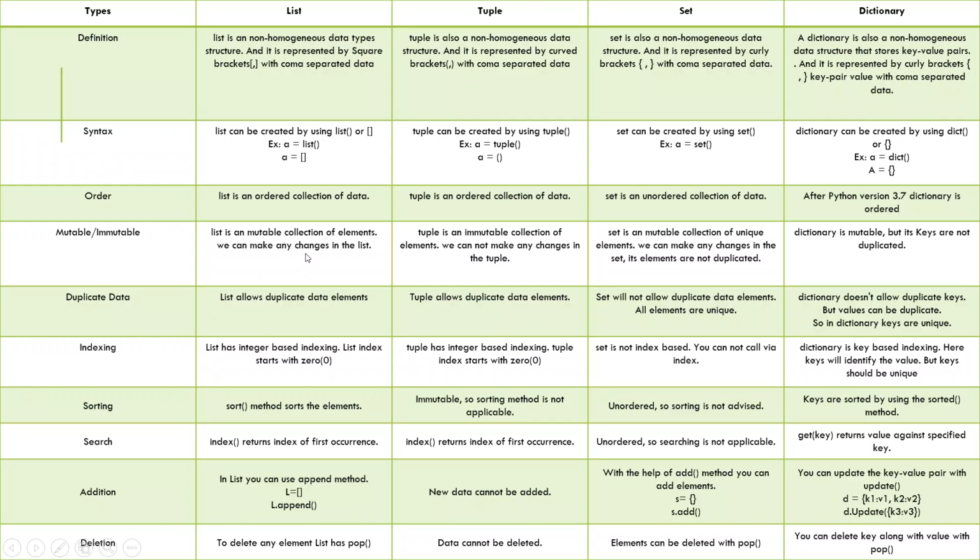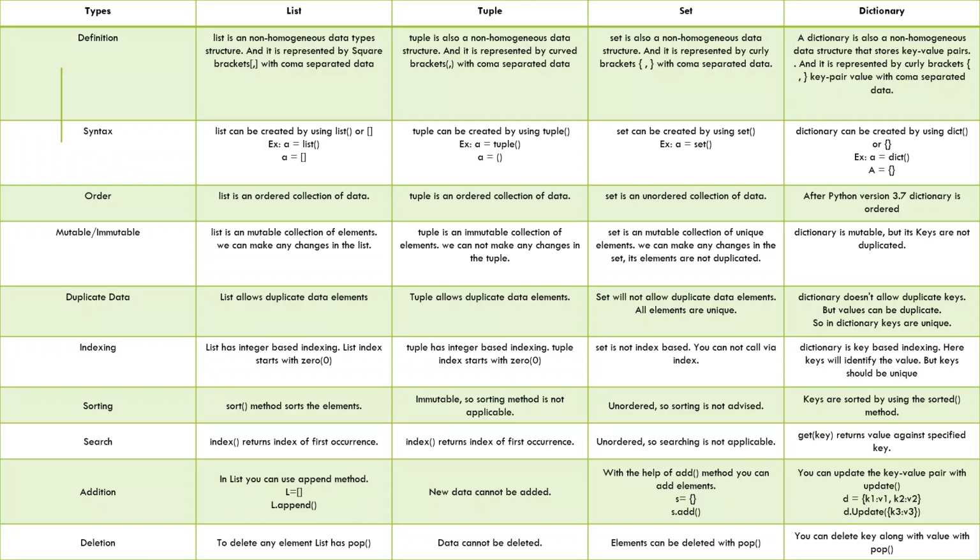A list is a mutable collection of elements, you can change the value inside the list. But a tuple is immutable, meaning we cannot make any changes in the tuple. So tuple is an immutable collection of elements. Now set is also a mutable collection of unique elements.